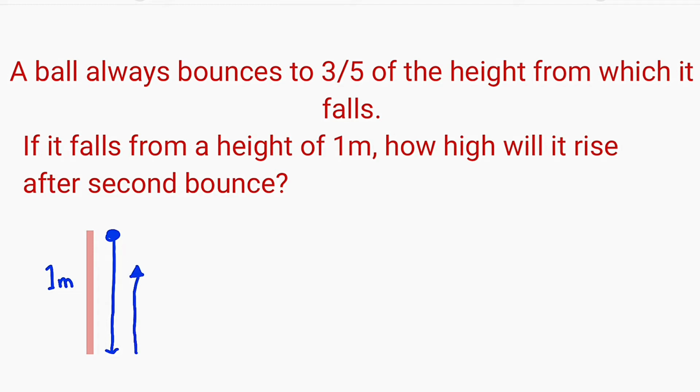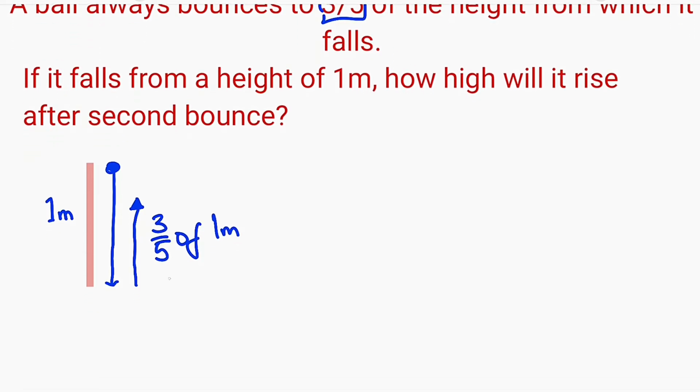And as it bounces back, it will go a height of 3/5 of the original. All right, so as it bounces back, it will go 3/5 of the original, which is 1 meter. And this will give us, of its multiplication, and 3/5 multiplied by 1 is still 3/5.